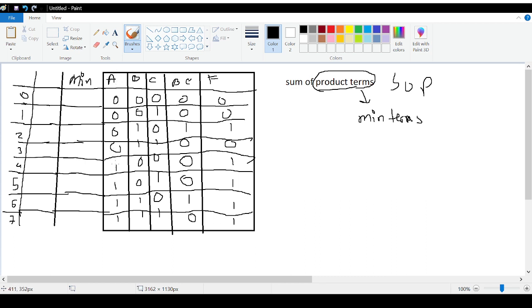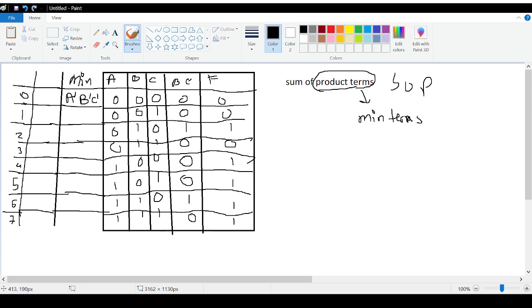If A is 1, you write A. Here, since A, B, C are all 0, the min term is A bar, B bar, C bar. So 0, 0, 0 is represented by A bar, B bar, C bar, which is min term 0.